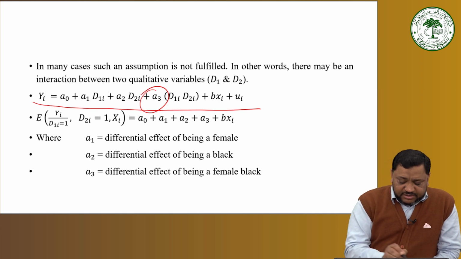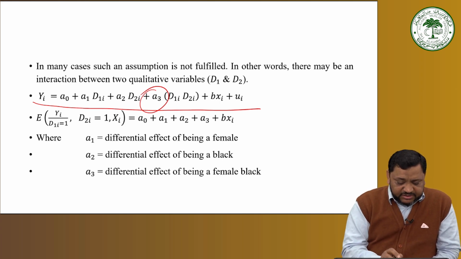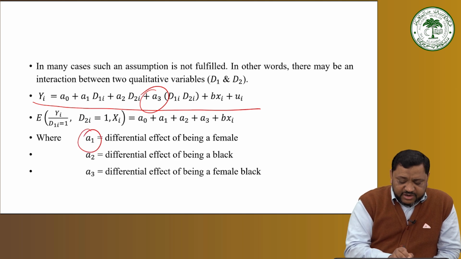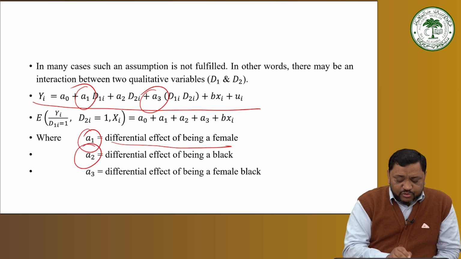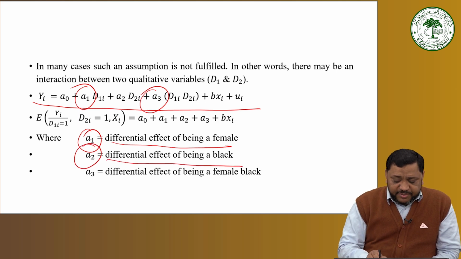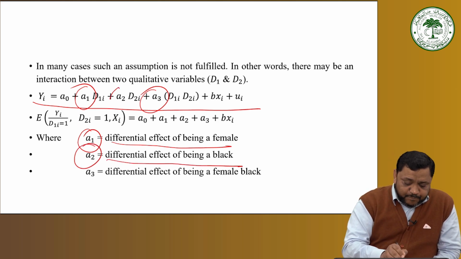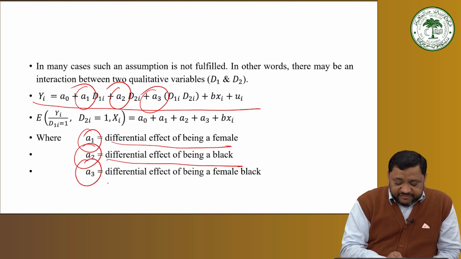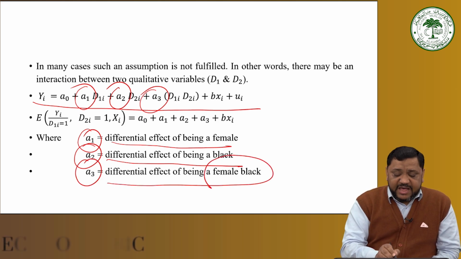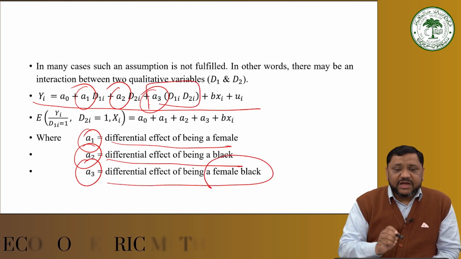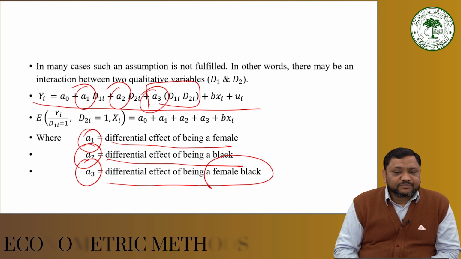So after incorporating this, we can write that A1 is the differential effect of being a female, A2 is the differential effect of being black, and A3 is the differential effect of being a female and a black. So both things are incorporated here.